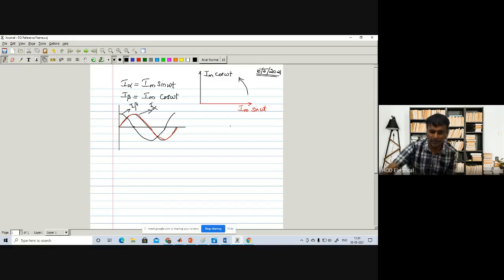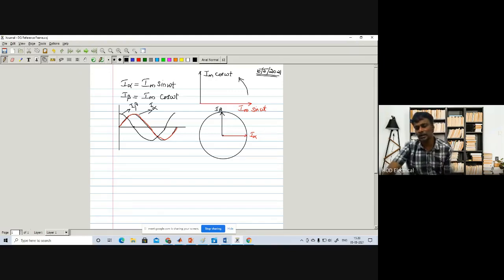If you take one circle, this is the center. This is our alpha variable, I alpha, and this is our beta variable, I beta.